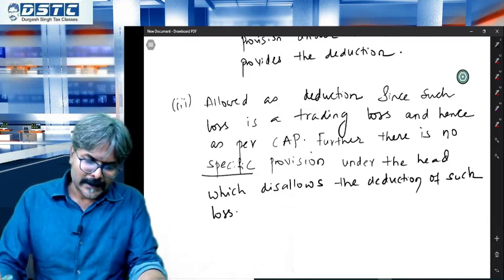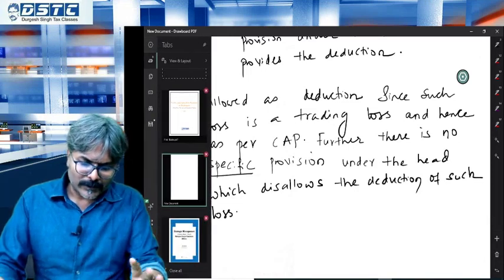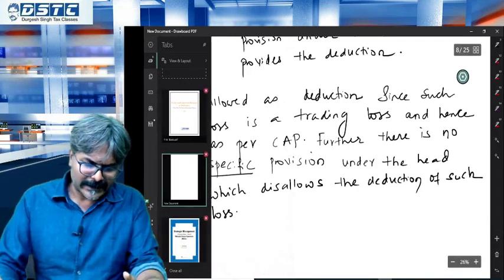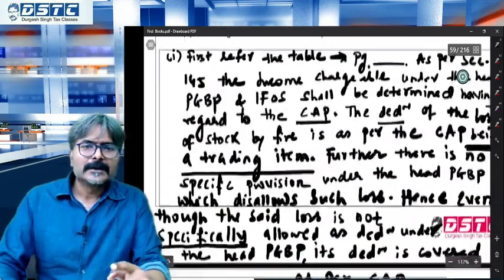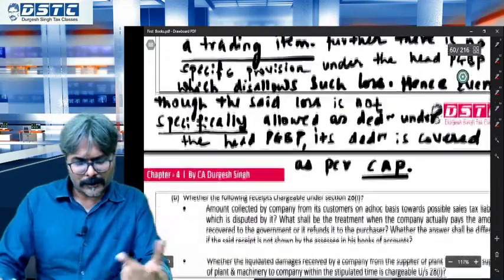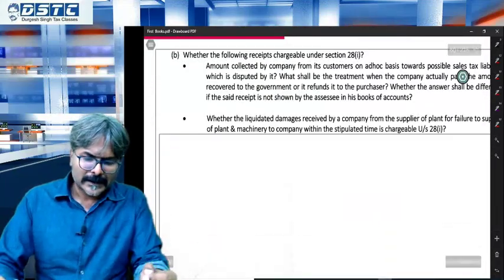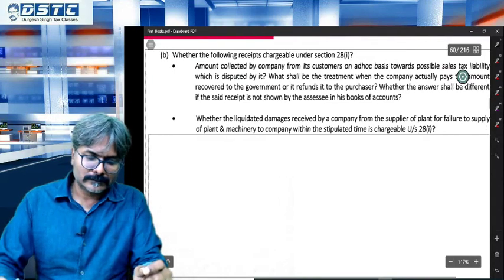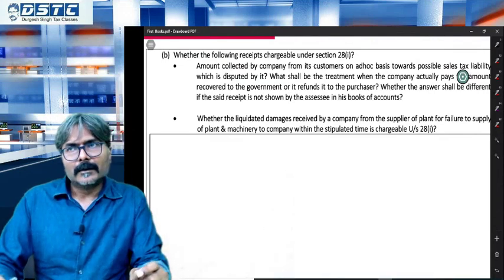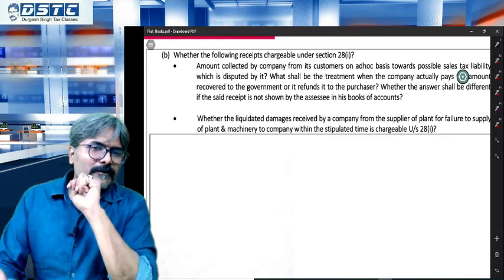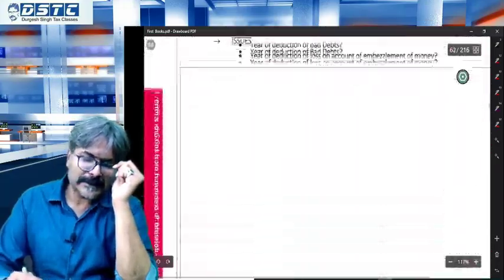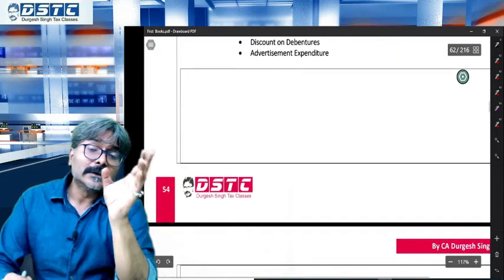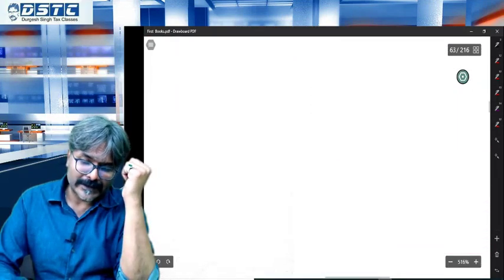Fine. Now, one last point. I have given some case studies towards the end, some more practical adjustments. Students, you remember in your TY BCom or maybe even in your IPCC, one very popular adjustment was given to you: opening stock and closing stock were undervalued.